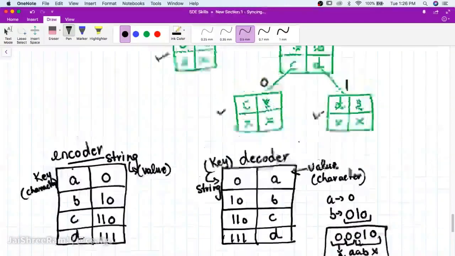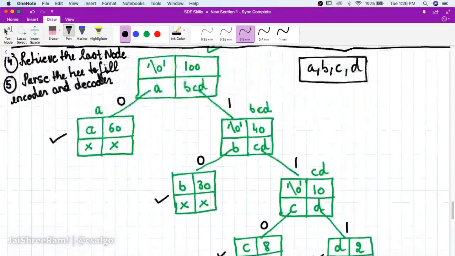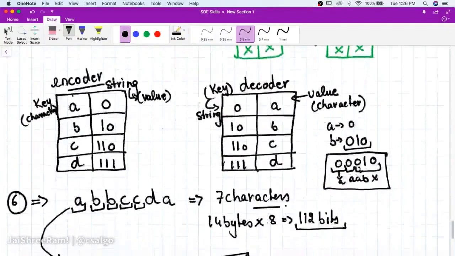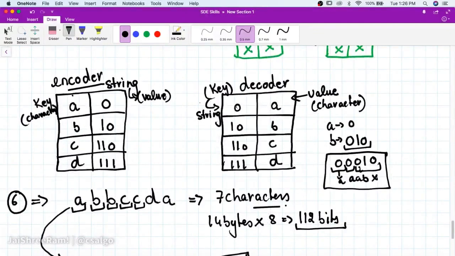But the tree which we are building above makes sure that none of the values is the prefix of another value. For example, 0 is not a prefix of any other value here, and 10 is not a prefix of any other value. Similarly 110 will not be the prefix of any other value.